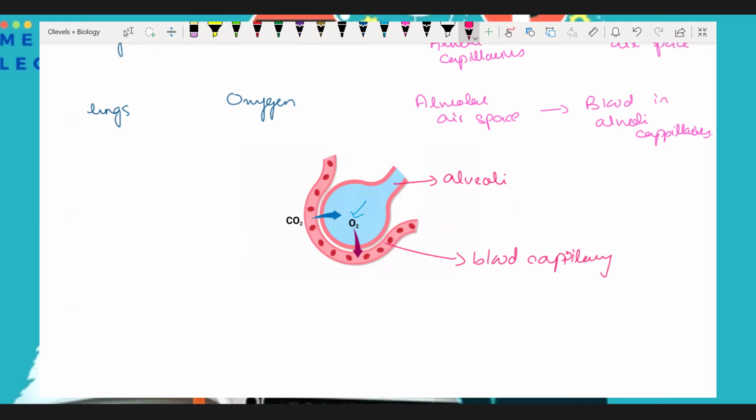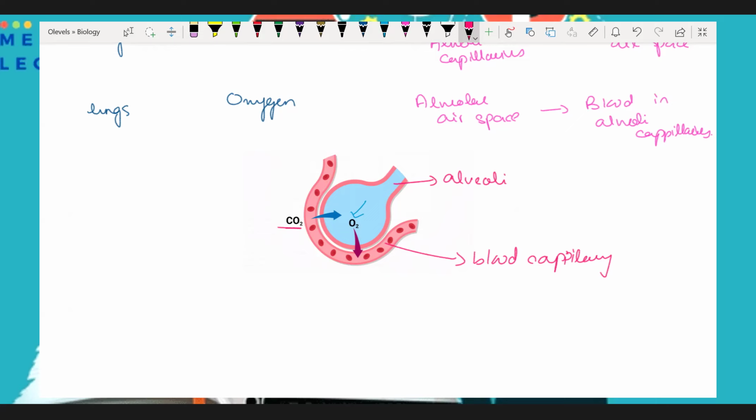Where does this carbon dioxide come from? Can anybody tell me? Ma'am, from respiration. Yes, as a product of respiration. So it's removed from the body as a waste product, right?